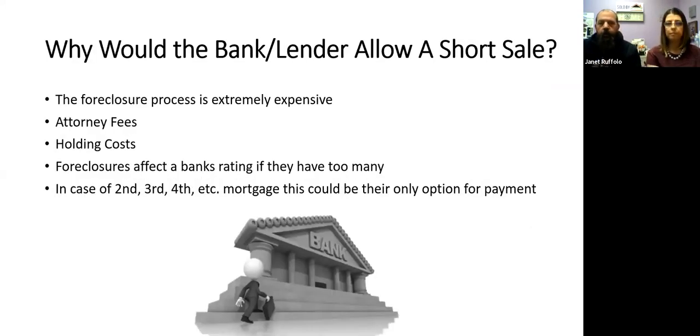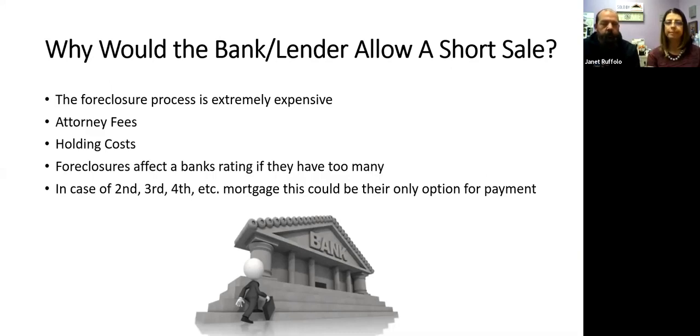These are just examples of why a bank or a lender would allow a short sale. The foreclosure process can be extremely expensive and it can be a long process. There's attorney's fees, there's holding costs if the bank does foreclose on the property. They have to pay the property taxes. They may have to pay maintenance if they're not maintaining it.